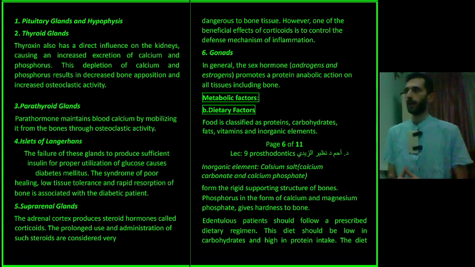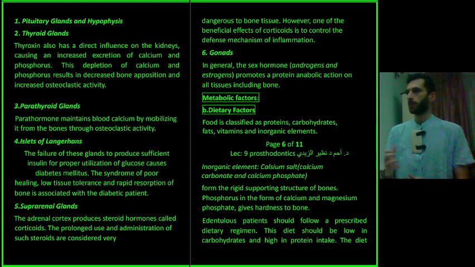Number 2, thyroid glands. Thyroxine also has a direct influence on the kidneys, causing an increased excretion of calcium and phosphorus. This depletion of calcium and phosphorus results in increased bone apposition and increased osteoclastic activity.